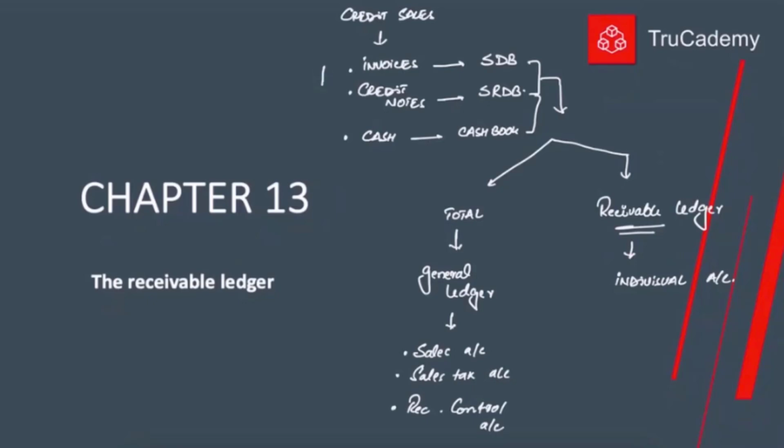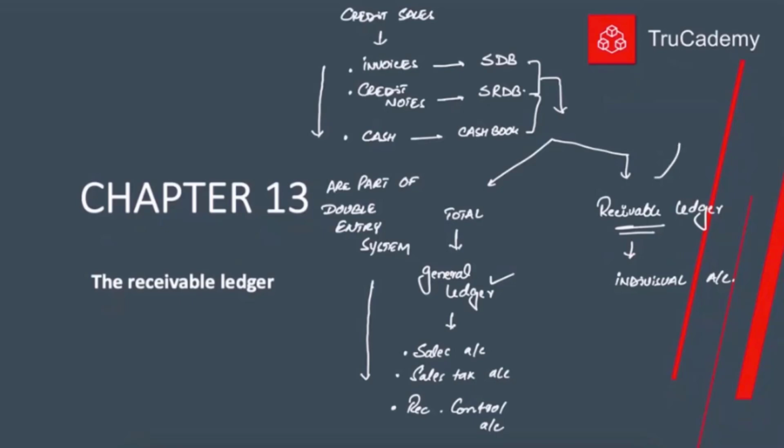Remember, all these day books and all the accounts in the journal ledger are part of double entry system, the main accounting cycle of the organization.